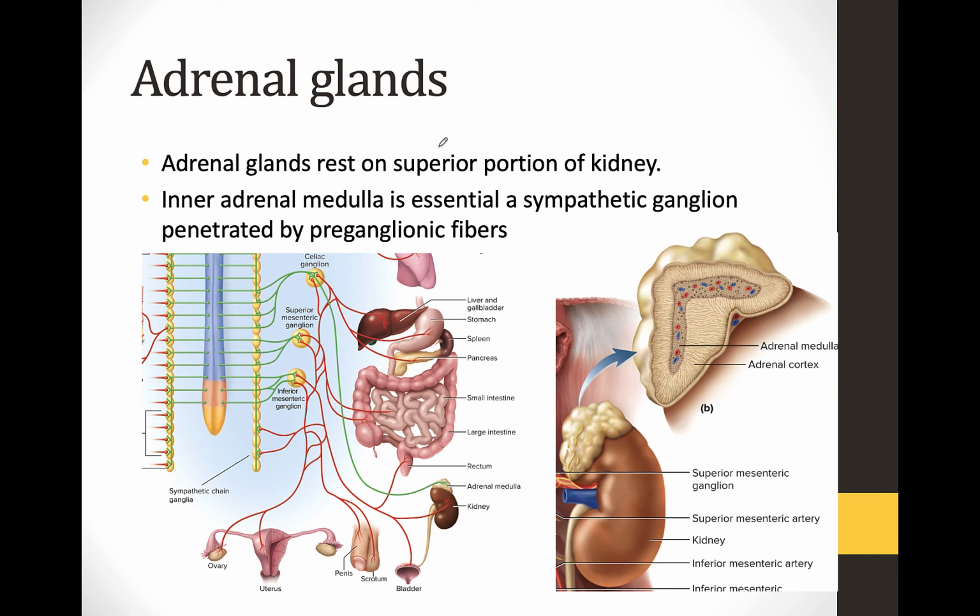The adrenal medulla is actually two glands. So we've got the medulla here in the center, and then the cortex out here on the outer side. And these two different glands come from embryologically two different origins, and they have two very different functions. So this outer cortex is going to be involved with hormones.